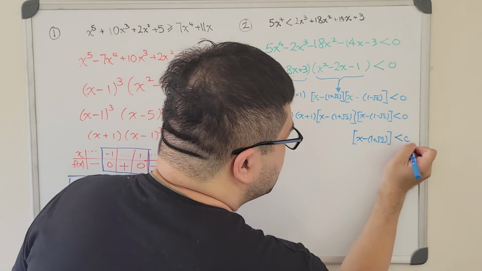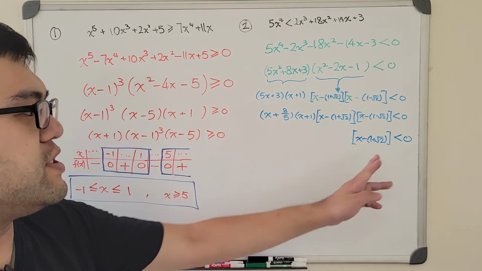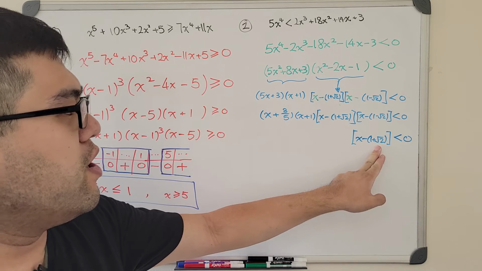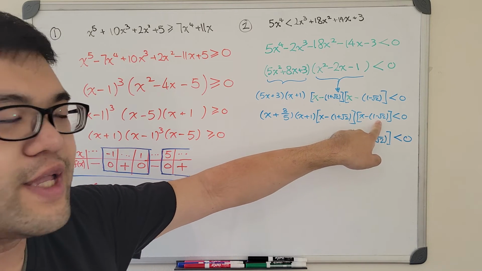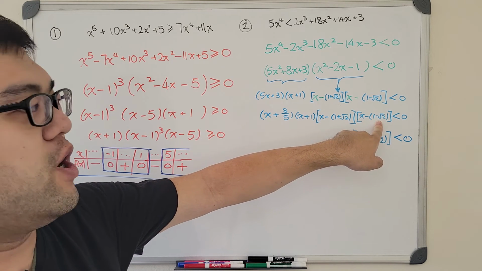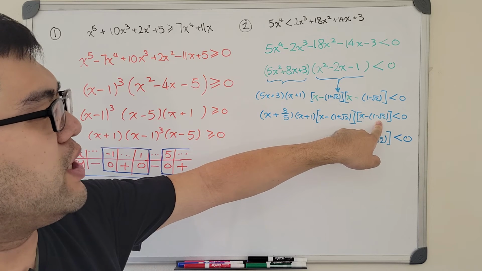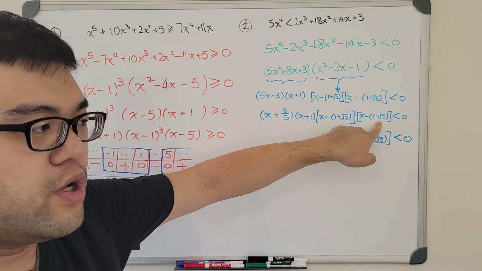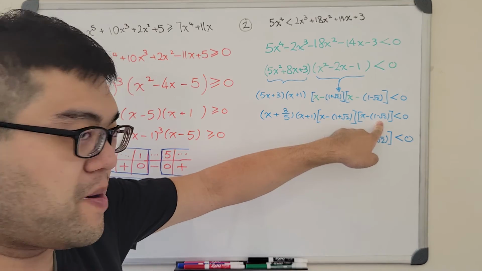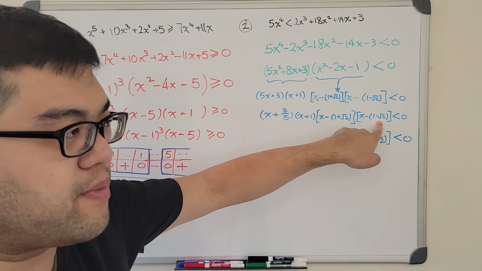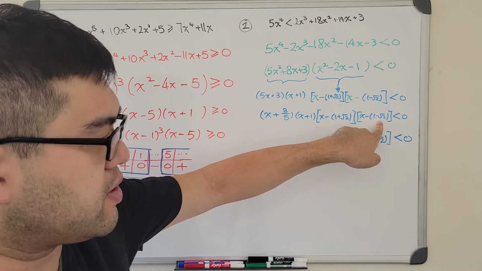So let's stick with this first. We know that this must be positive. Now the question is, how do you know that this is negative? Well, simply we argue that radical 2 must be bigger than 1, because we can just square both sides and see that 2 is greater than 1.